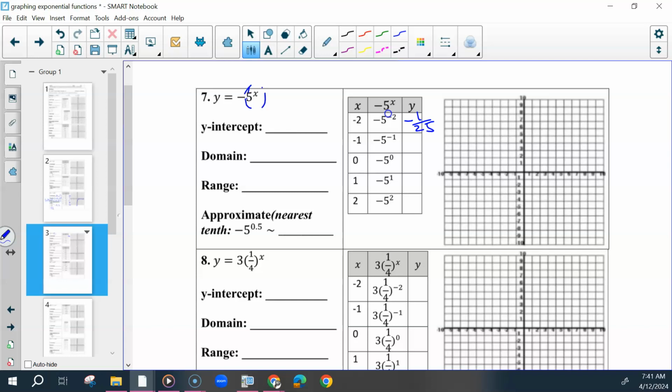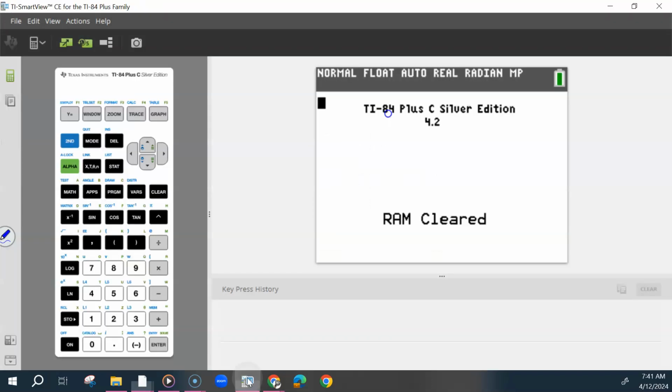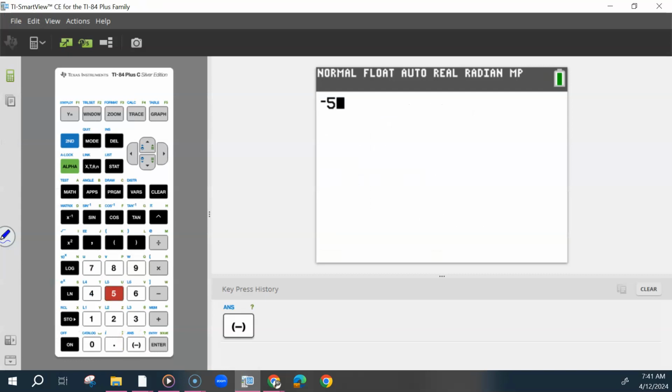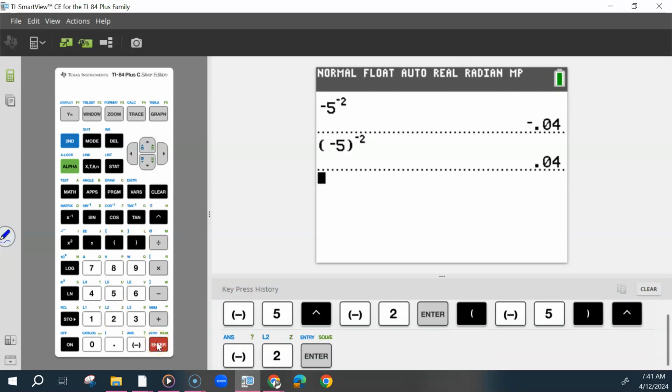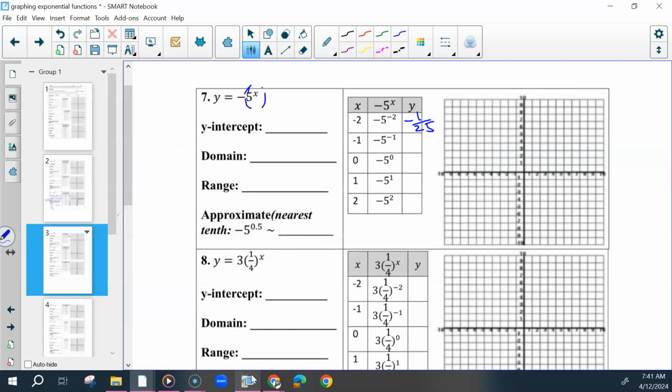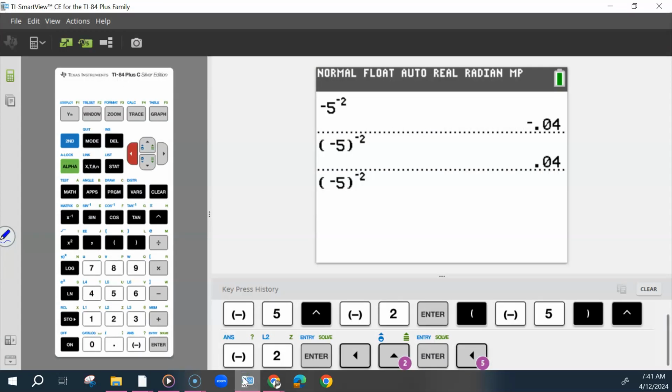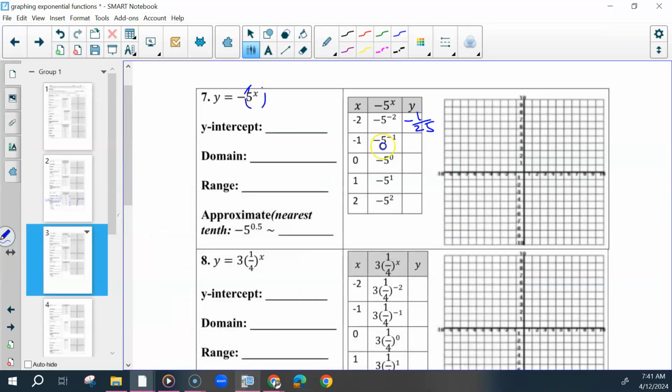I have to double check that. It doesn't have parentheses, so I'm assuming it's this. Okay. Which would make it negative. What I said.